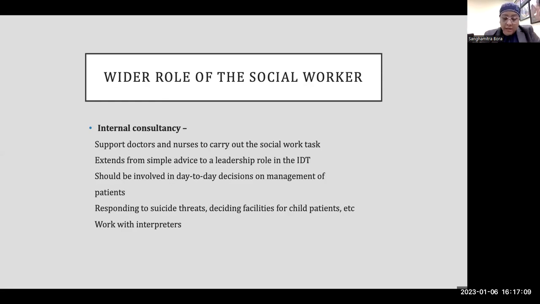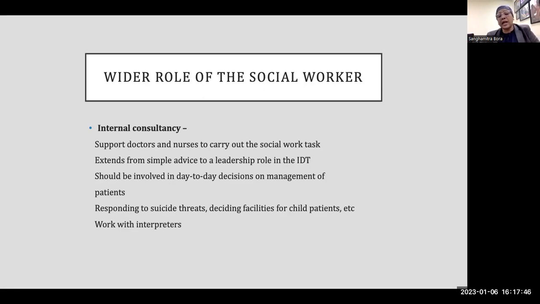We are focused on the physical issues of the patient. And it is the social worker who generally reminds us about the social work role that physicians must also act upon. And then, of course, the nurses. It might extend from simple advice to a leadership role in the IDT, as I already told you. And the social worker should be involved in day-to-day decision-making on the management of patients also.